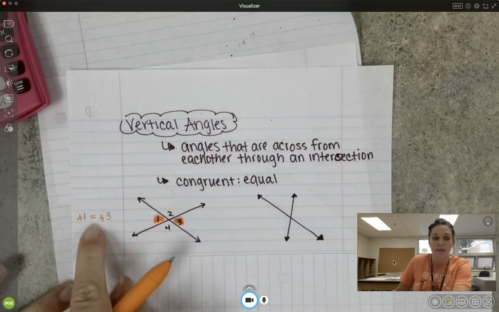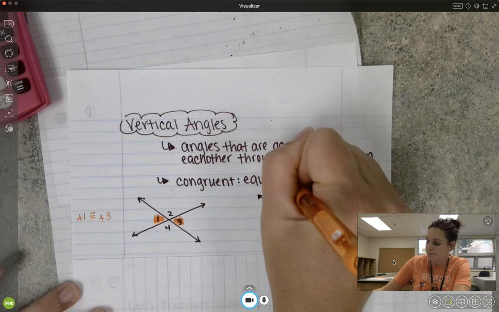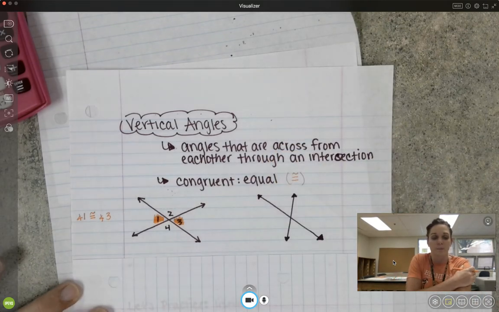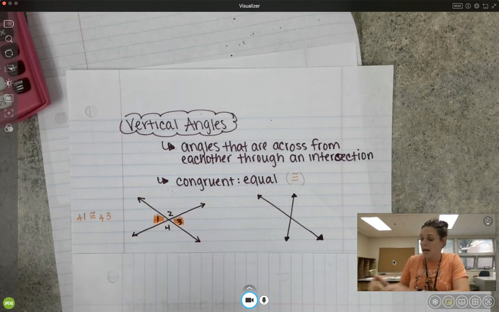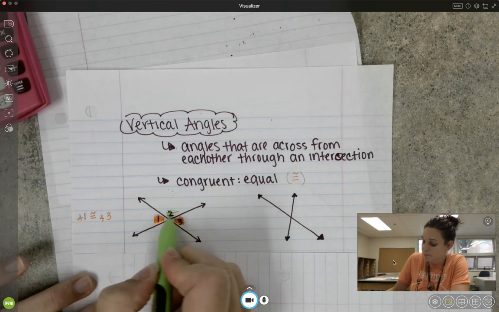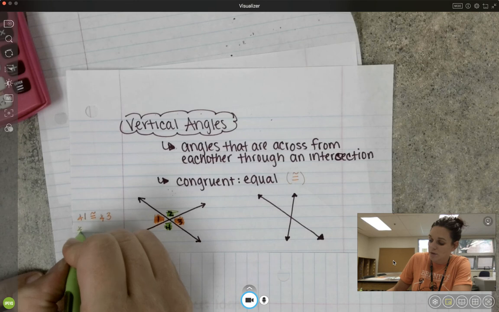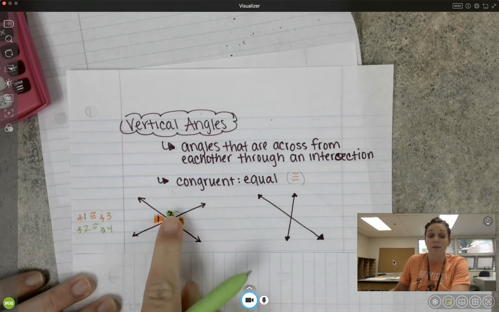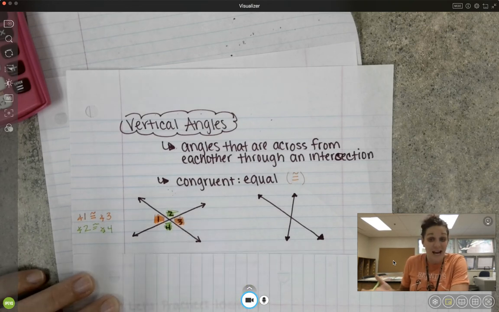So congruent is an equal sign, and then it has a little squiggle guy above it. So it's the equal sign with the little tilde squiggle, right? If 1 and 3 are opposite of each other, that also means that angle 2 has to be congruent to angle 4 because they are vertical to each other. And yeah, it's that straightforward.